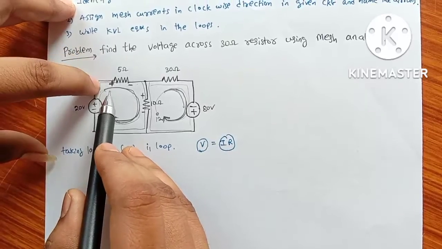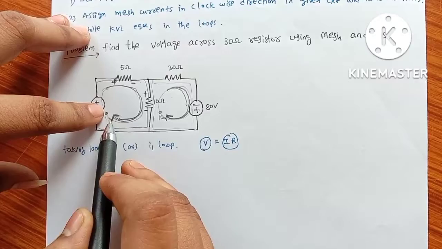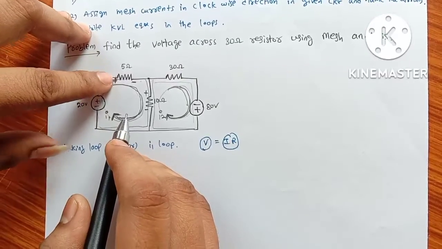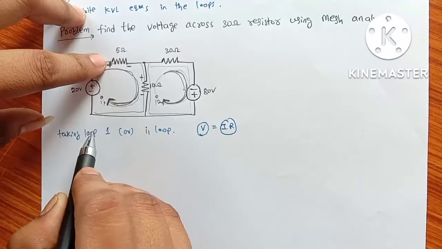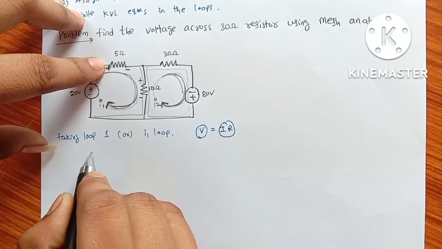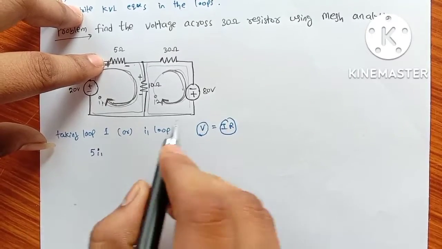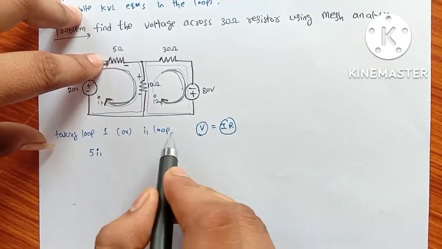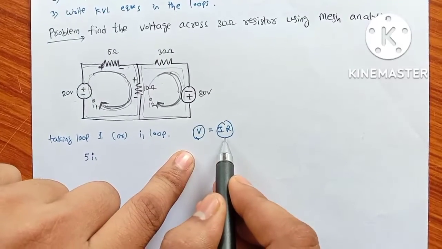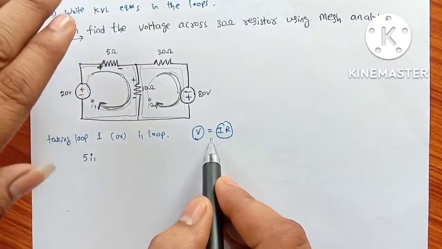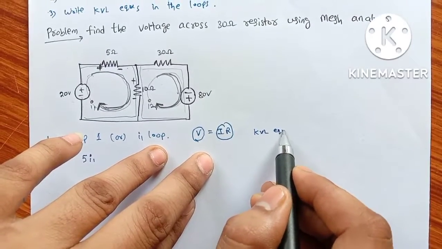What is the first terminal touching the I1 loop? Here I1 is touching the positive terminal first. So positive 5 ohms into I1. We write everything in terms of V or IR because of KVL equations.